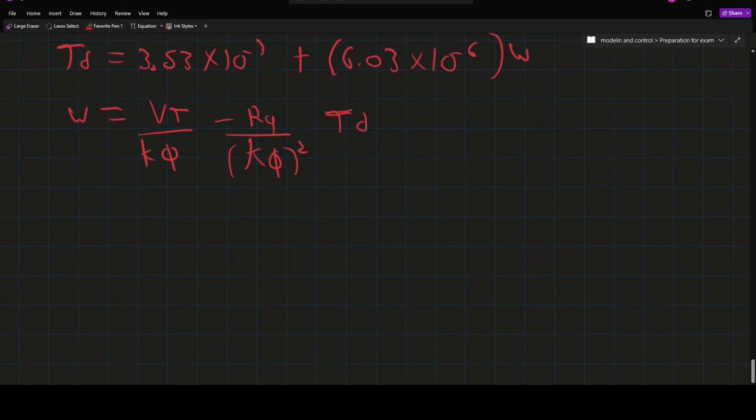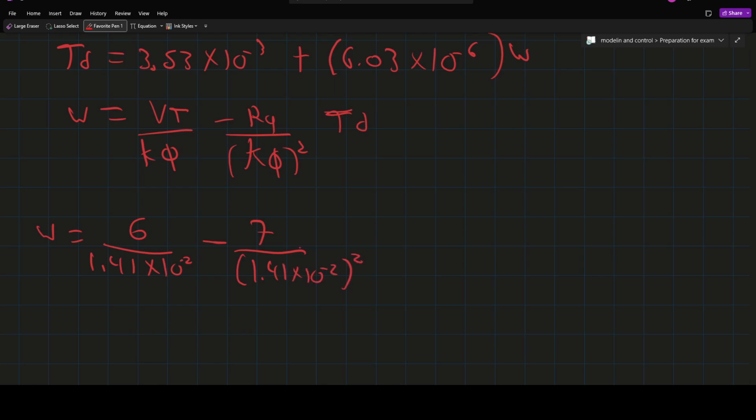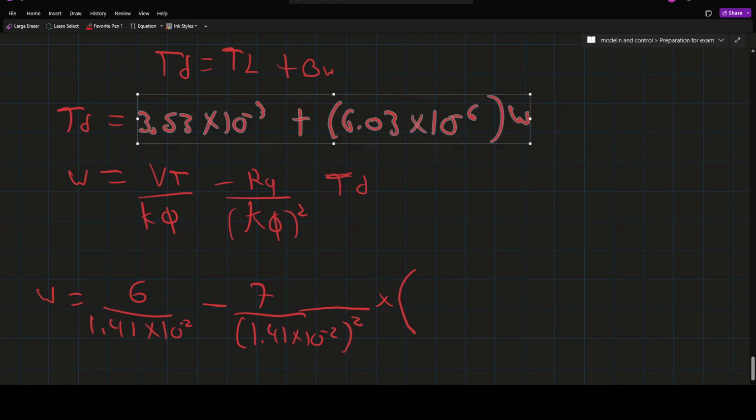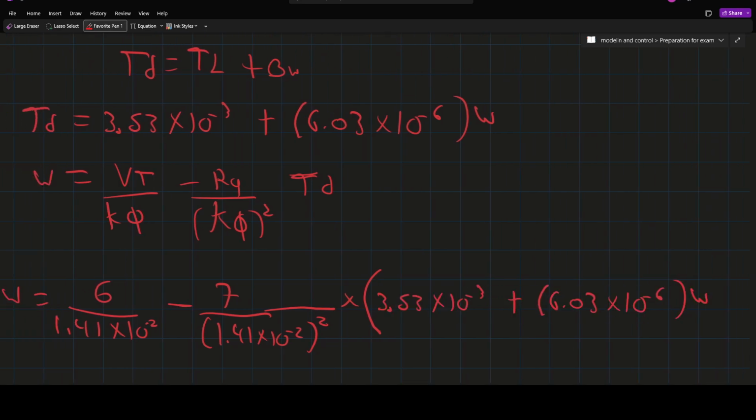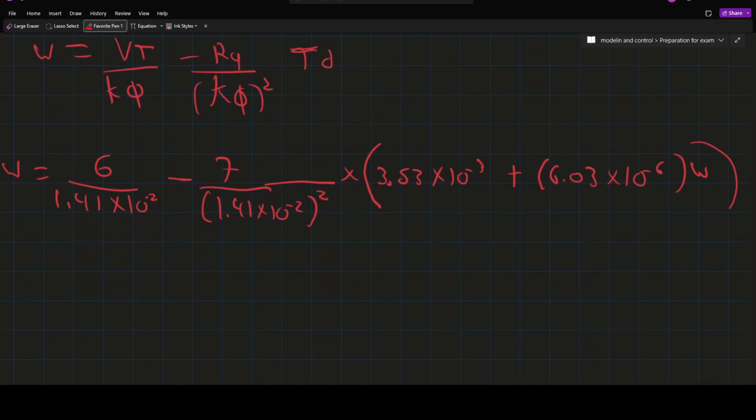Okay, so let's start plugging in everything that we got. We have omega equal to our voltage that is given, 6, over K phi, 1.41 times 10 to the minus 2, minus our Ra that is given as 7 over the same thing squared, and all of this multiplying what we just found here for our developed torque. Let's simplify each part.